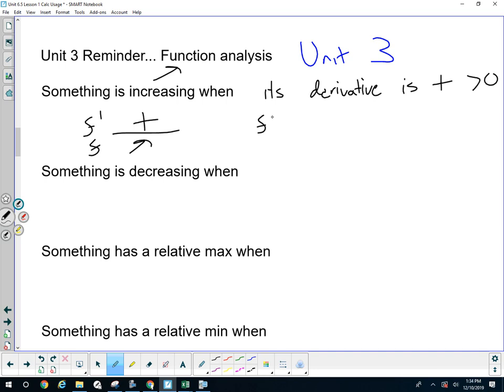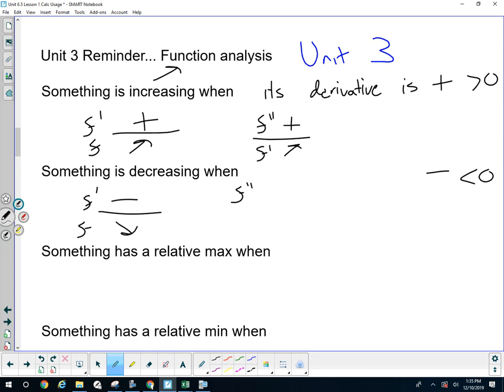If f double prime is positive, that's telling me f prime is going up. F double prime being positive tells me something else as well about f. Something is decreasing when its derivative is negative. If f prime is negative, f is going down.